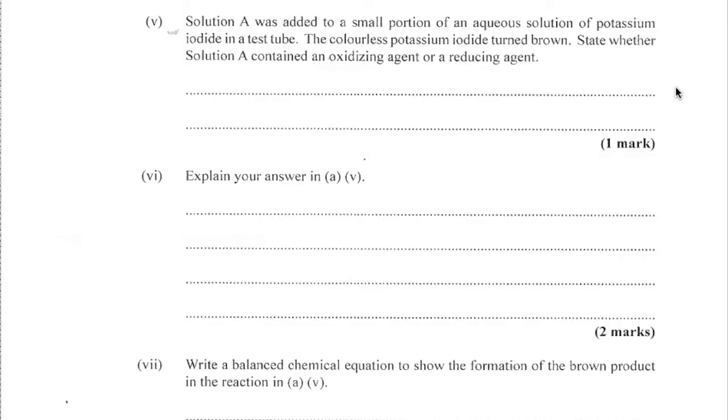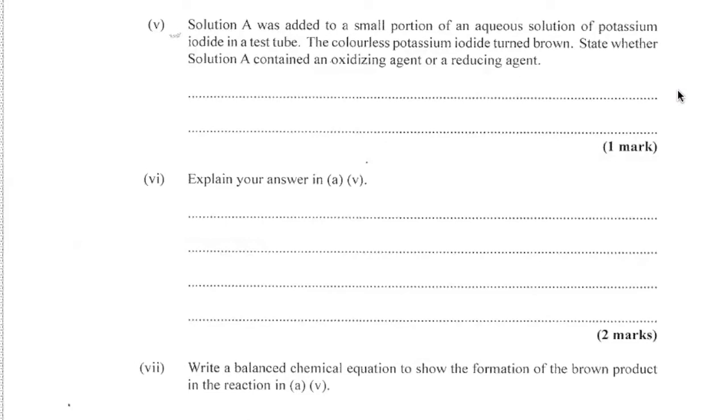Part 5. Solution A was added to a small portion of an aqueous solution of potassium iodide in a test tube. The colorless potassium iodide turned brown. State whether solution A contained an oxidizing agent or a reducing agent. All right, so let's try to visualize that.